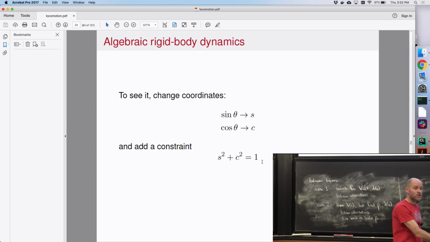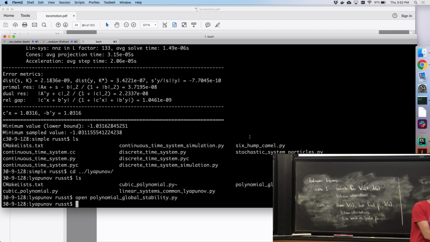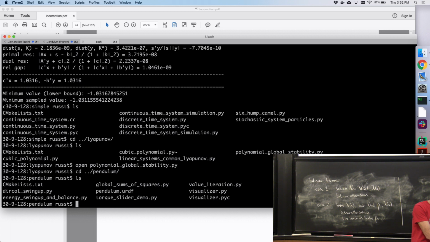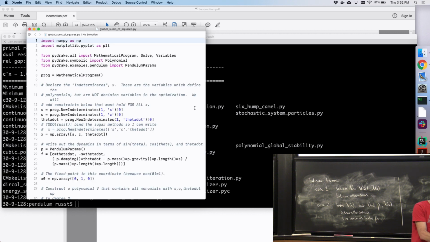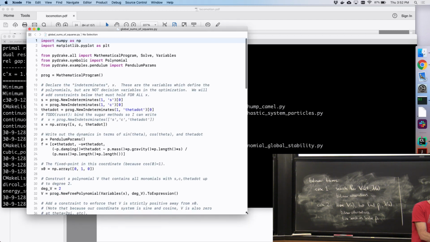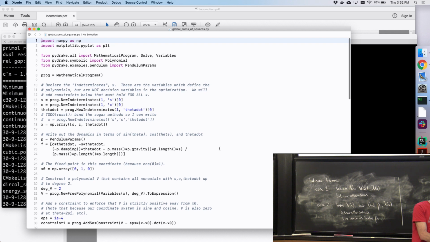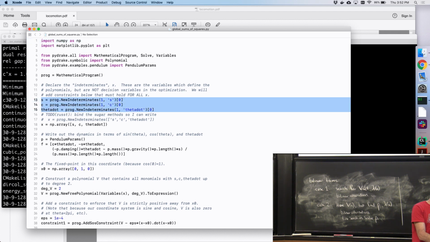So you can write an optimization problem which uses the S procedure in the same kind of way to add the constraint s squared plus c squared equals 1. Let me do it. So I make my variables s, c, and theta dot my indeterminates. Okay?